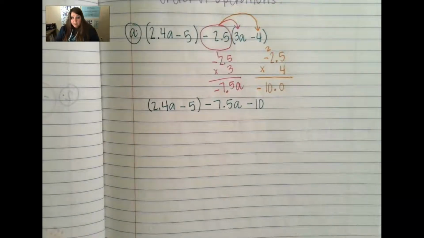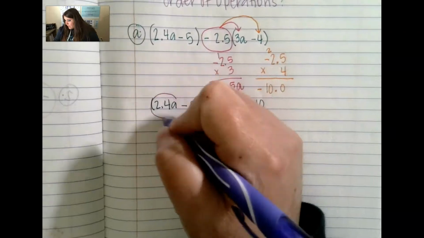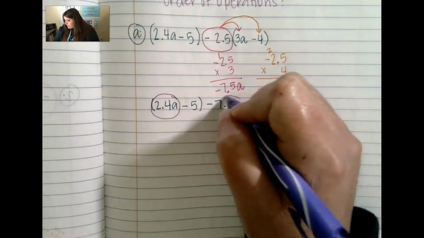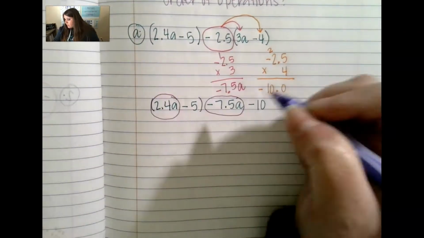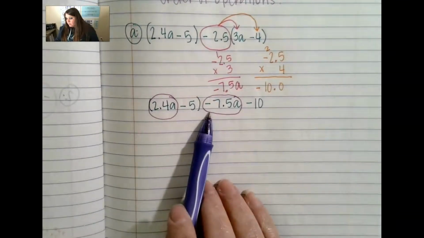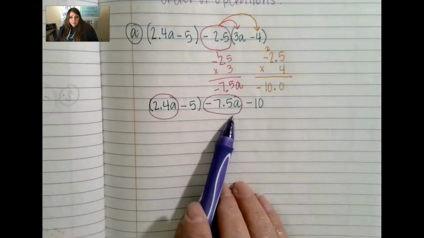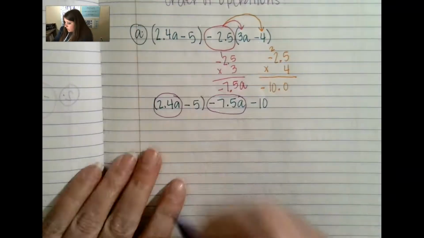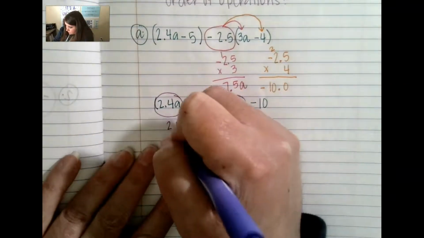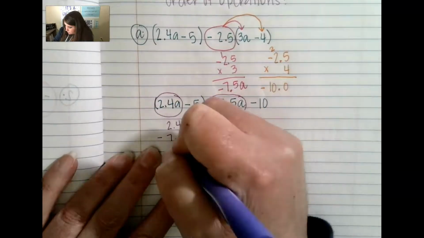So we're going to combine our like terms, the things that are the same. I have an a here and I have an a here. So I have 2.4 and I remove negative 7.5 from here. And so when I subtract those, 2.4 minus 7.5.